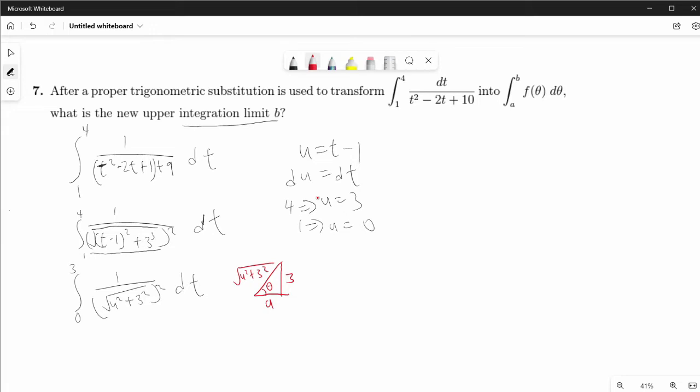I'm going to use tangent since these are the two simplest parts. Tangent theta would be 3 over u. And then we don't need to go any further to substitute the square root part in and solve the integral, because from here we already have the relation between u and theta, which is what we need to get a limit of integration.